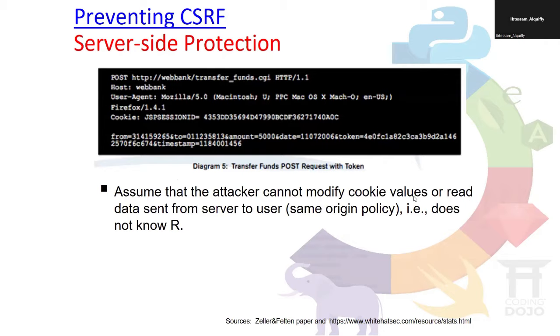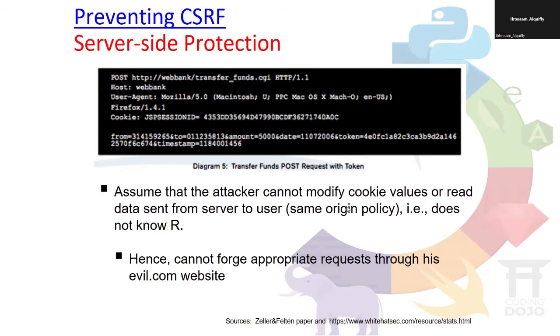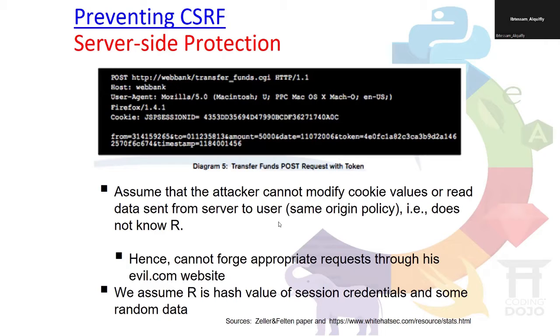We assume that because we don't have super smart attackers doing a man-in-the-middle attack or reading data sent from the server to the user, due to the same origin policy. He does not know the R, which is this token value, so he will not be able to do it. Hence he cannot forge the appropriate request through evil.com anymore. We assume R is a hash value of the session credential and some random data. So this is another thing.